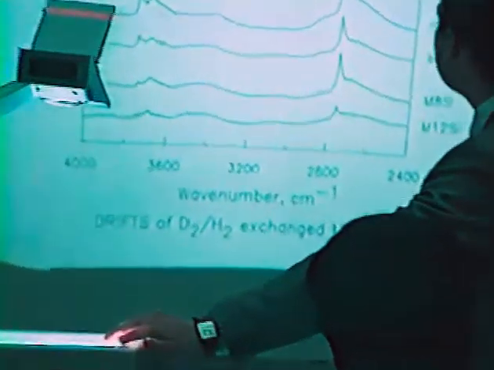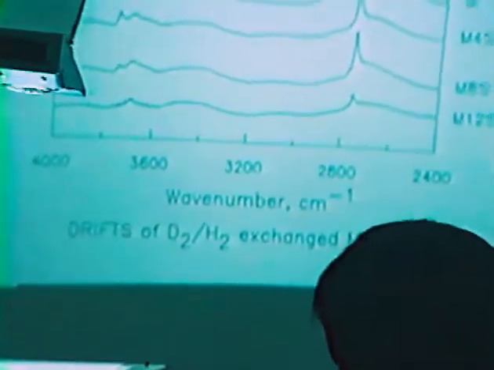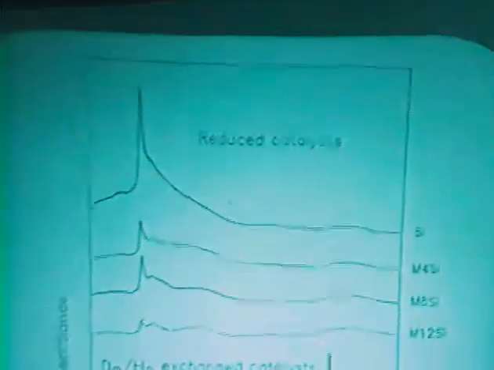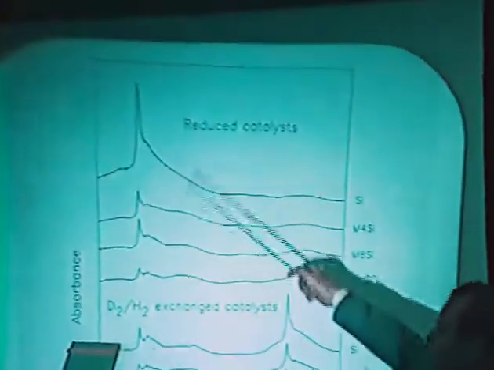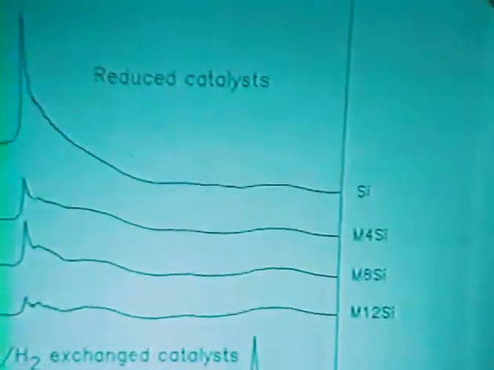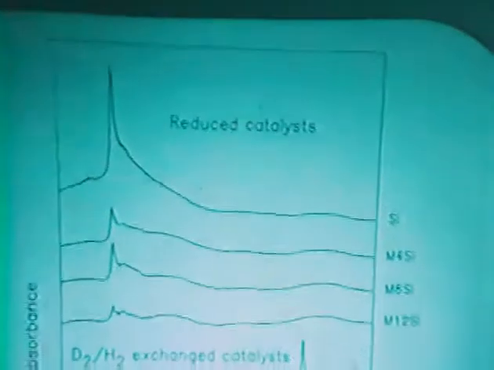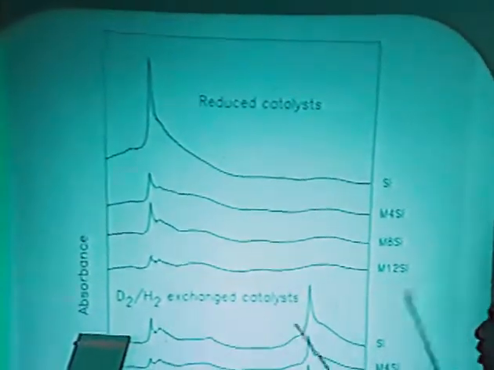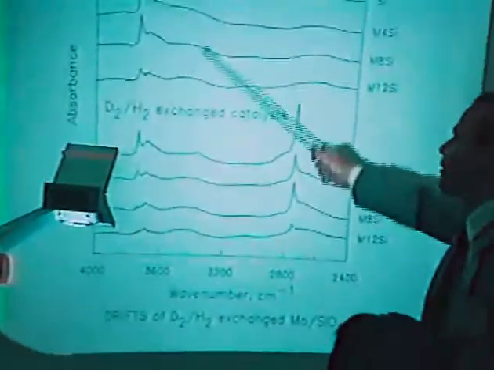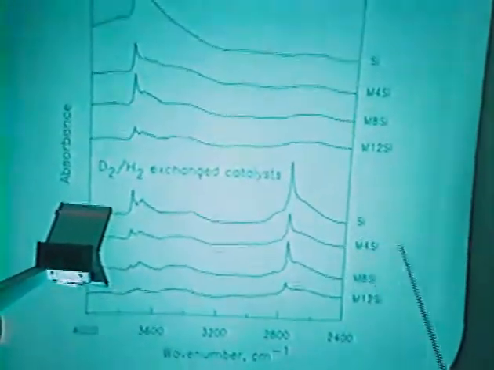Starting in this transparency with silica catalyst and using different loadings of molybdenum, we found the traditional OH peak at 3740. Something interesting is that as we increase the loading of molybdenum, the concentration of OH groups on the surface decreases due to the interaction with molybdenum.